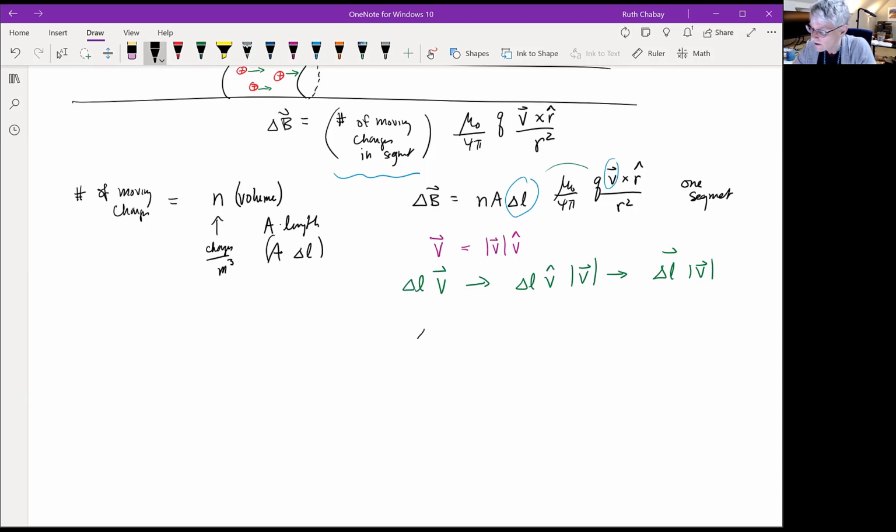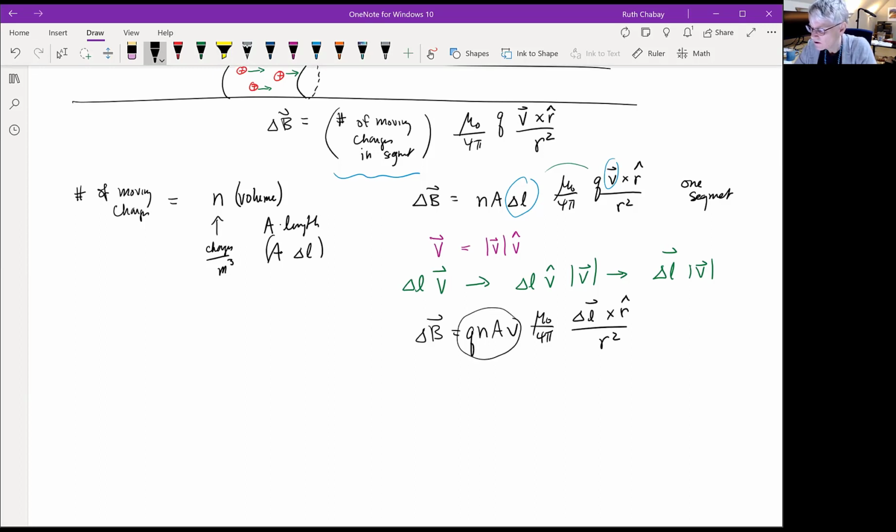And so now we get delta B is equal to N A V. And we can also move the Q because that's a constant. So Q N A V, mu 0 over 4 pi, delta L cross R hat over R squared.